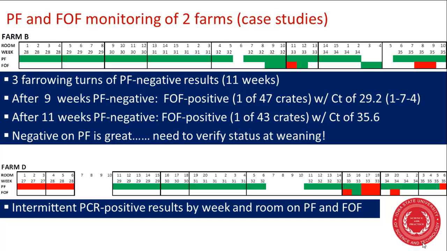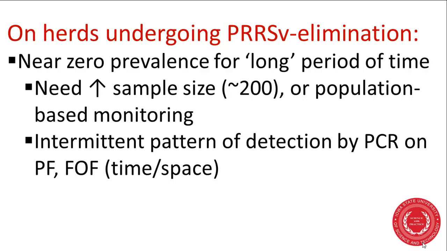So there's this intermittent pattern of PCR detection by week and by room, both in processing fluid and family oral fluid. What's the take home? Sample repetitively over time, and it's a probability game. You may miss this week, but if you sample enough, chances are that you may get it.